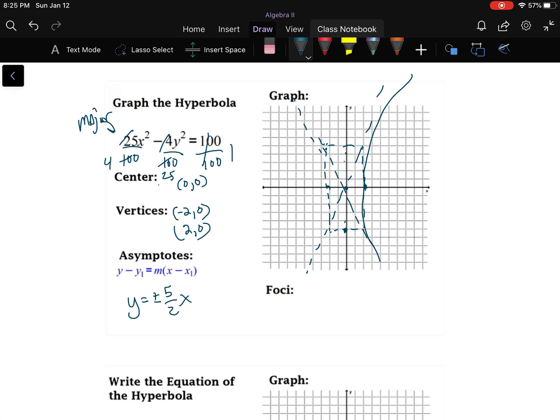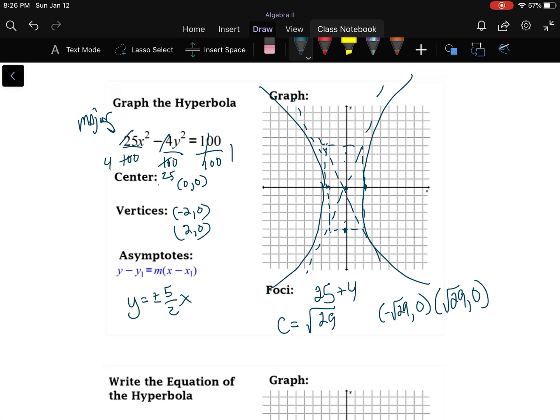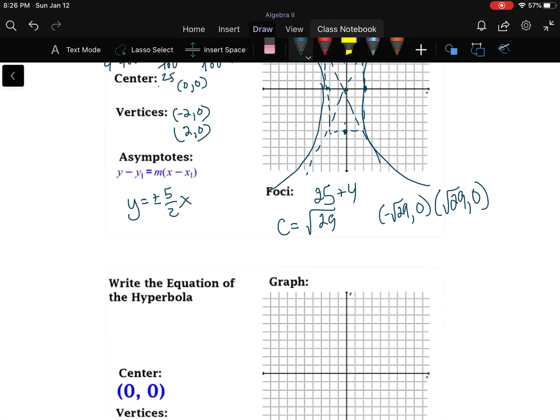So a really couple of big, wide guys. So as far as foci, 25, which is 5 squared, plus 4, 29. Take the square root of that. So I got minus the square root of 29, comma 0, and the square root of 29, comma 0. Those are my two foci.